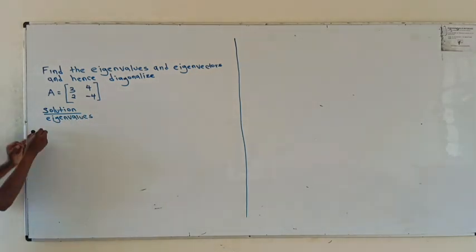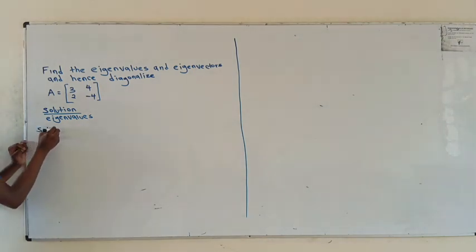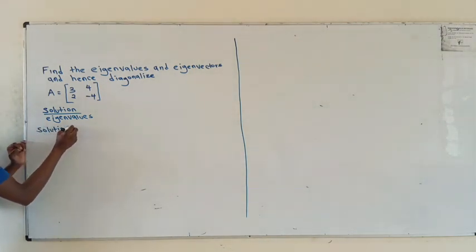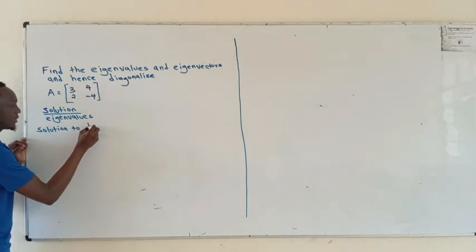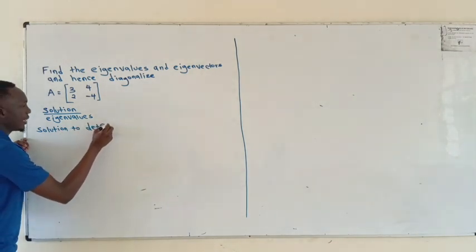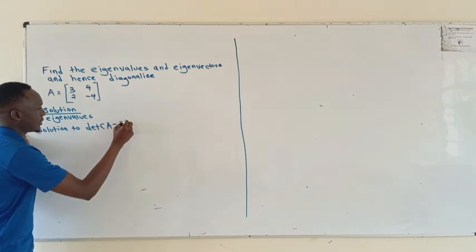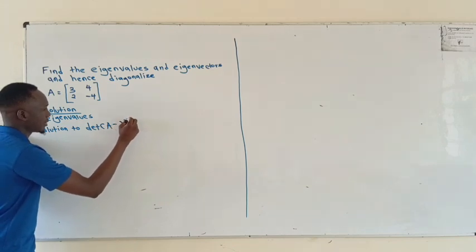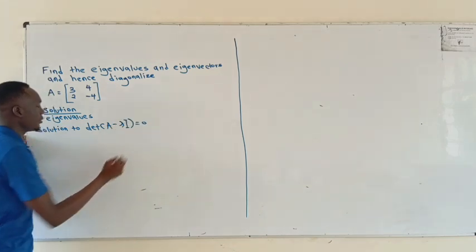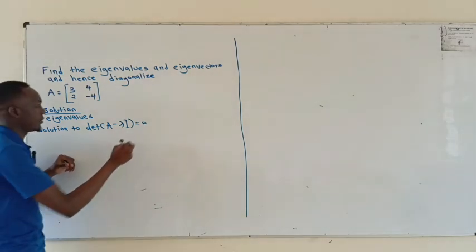Now we should know that the solution to the determinant of A minus lambda times the identity matrix equal to 0 will give us the eigenvalues.